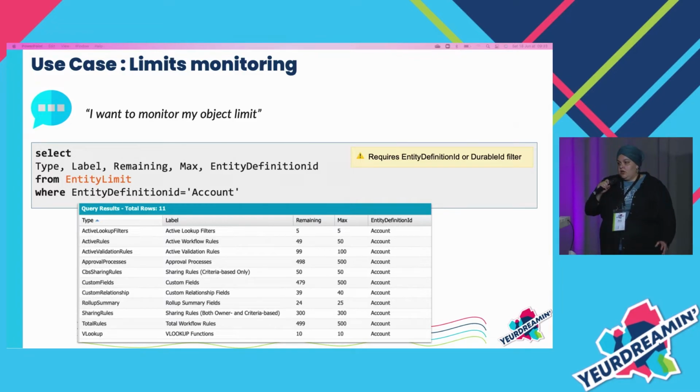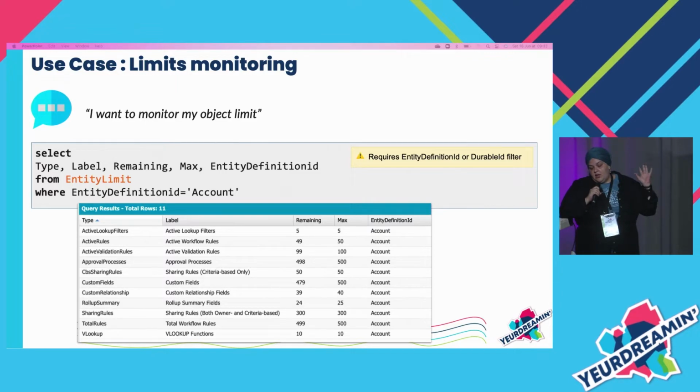So in one single view, you will have all the limits related to this specific object. And once again, you will have to inform the entity definition ID. It's not possible to say, hey, give me the limits of all my objects. No, that's not possible. You will have to go through one by one and inform on which object you want to retrieve the limits.